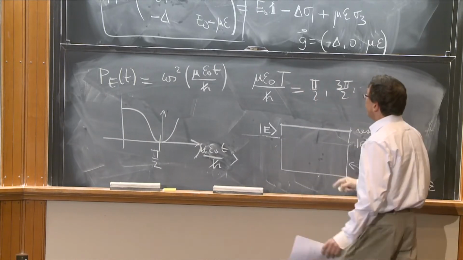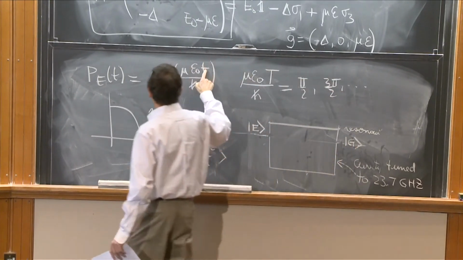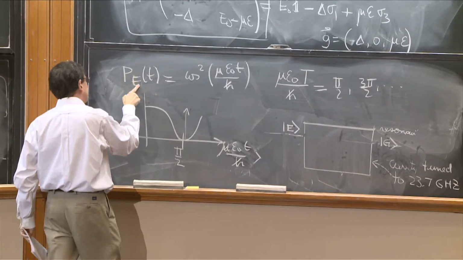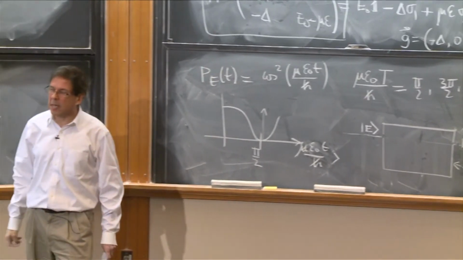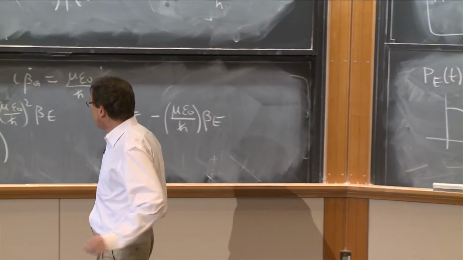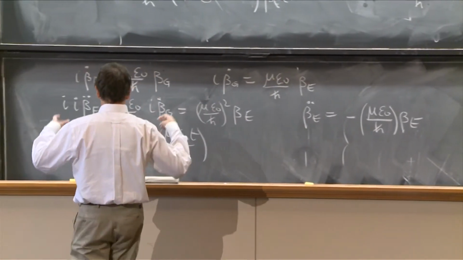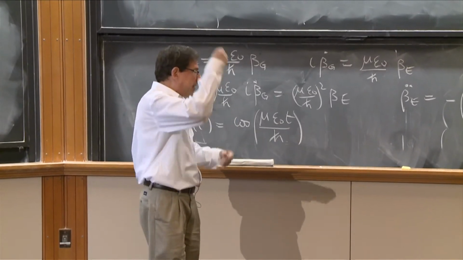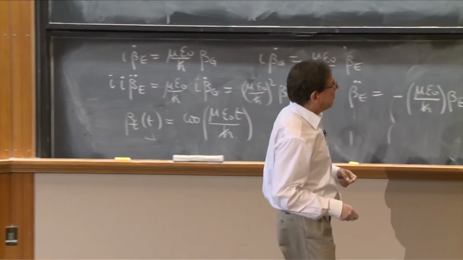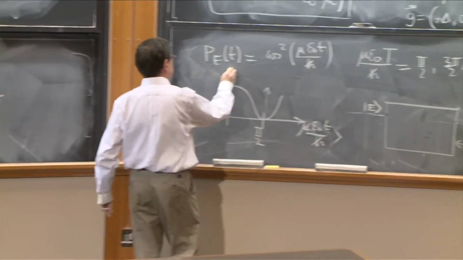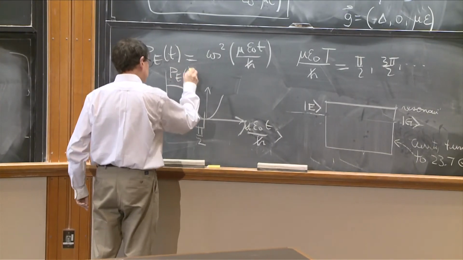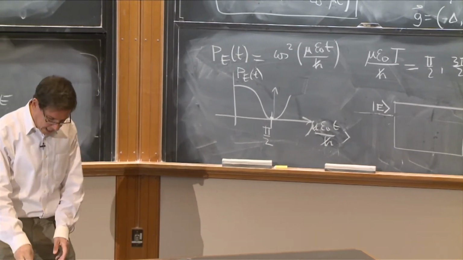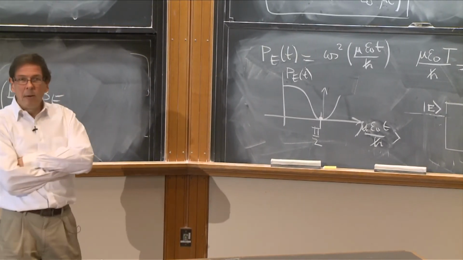For those values of time, the probability to be excited is 0, and therefore you must be in the ground state. These two probabilities squared added go to 1, so you're either E or G. So if you have 0 probability to be in E, you will be in the state G.